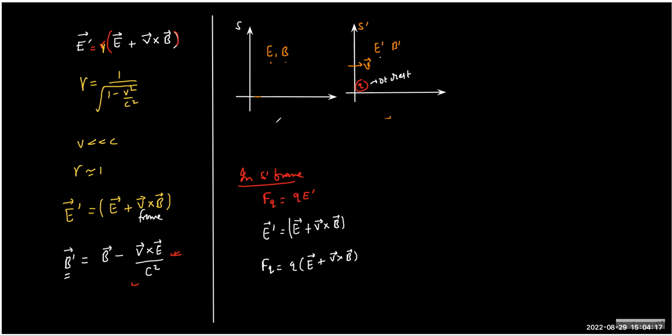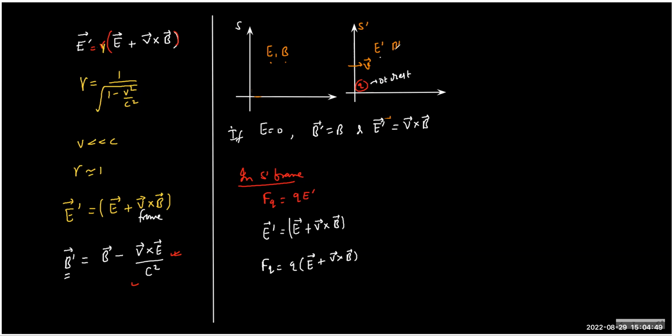Here we are not going to make B dash 0. Here we are going to make E equals 0. So if E is 0, B dash will be equal to B only, correct? Yes, sir. And E dash will be equal to how much? V cross B. Yes, sir. Because the charge is kept in frame S dash, the charge is at rest.